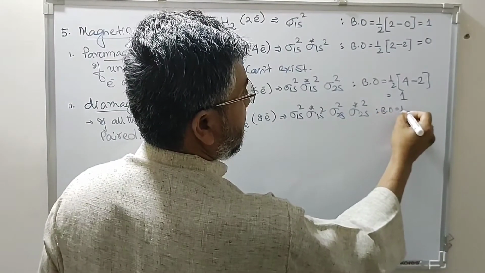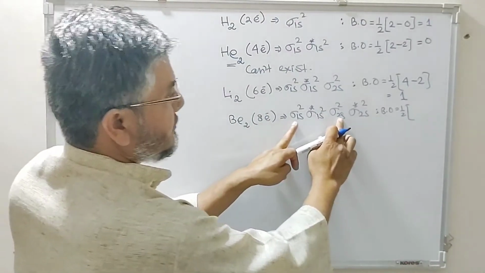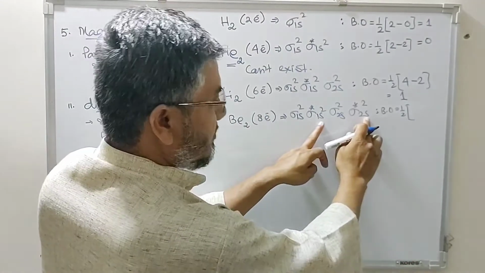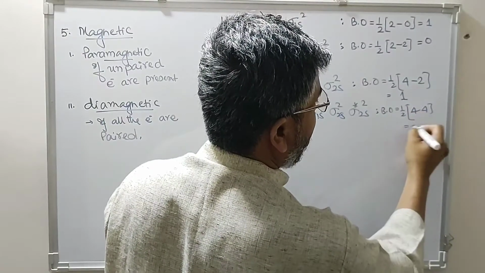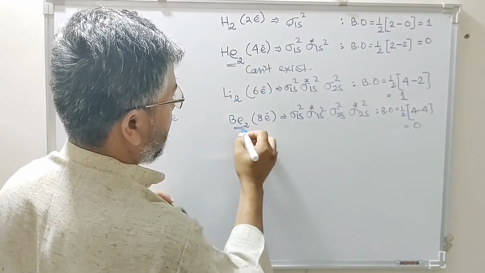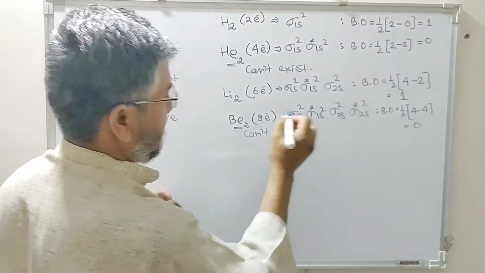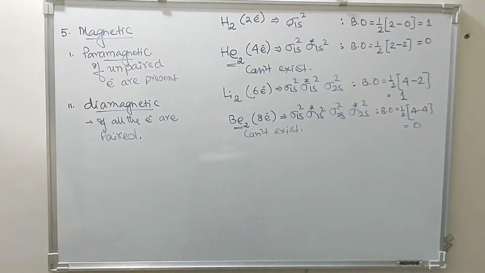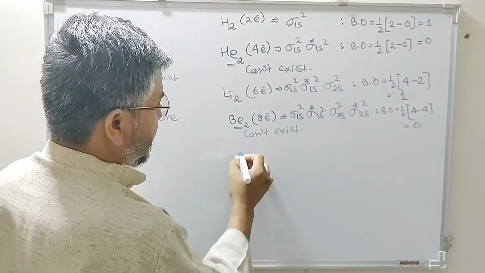Number of electrons in bonding is 4, in anti-bonding is 4, so the molecule cannot exist because the bond order comes out to be 0.